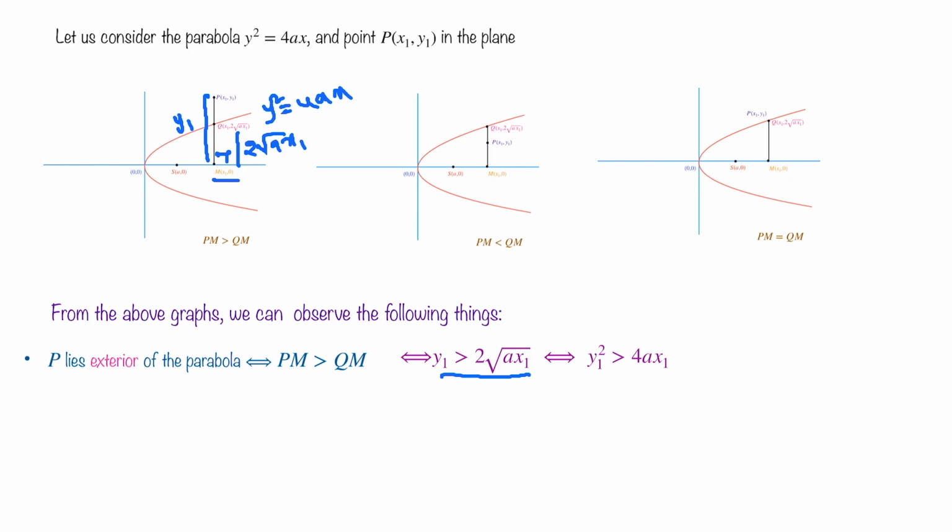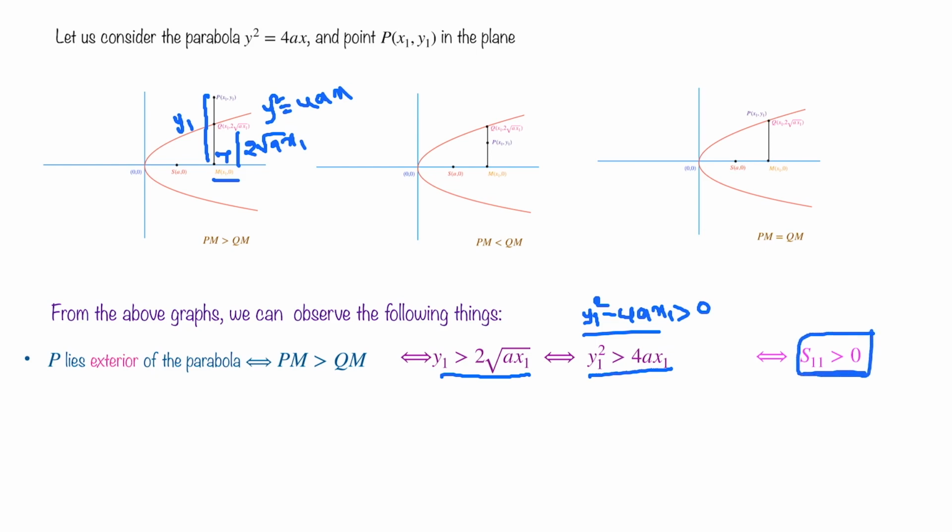If you square both sides, this holds if and only if y1 squared is greater than 4a x1. We can write this as y1 squared minus 4a x1 is positive, which is equivalent to saying that S11 is positive. So P lies exterior to the parabola if and only if S11 is positive.